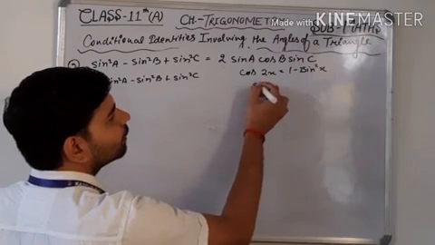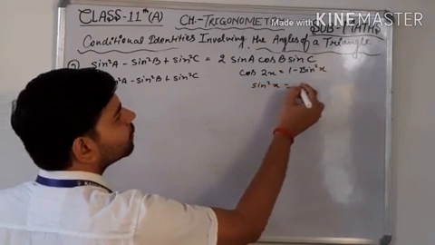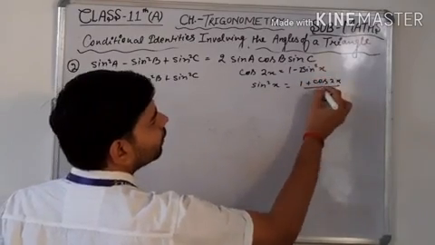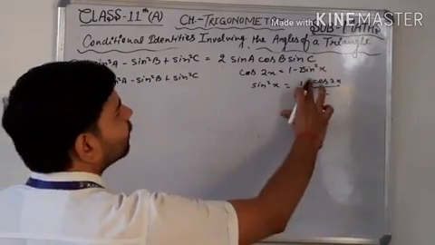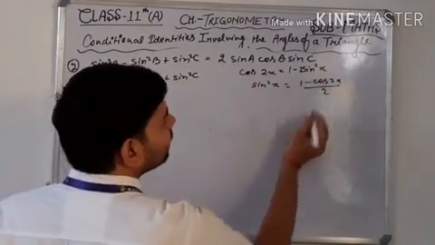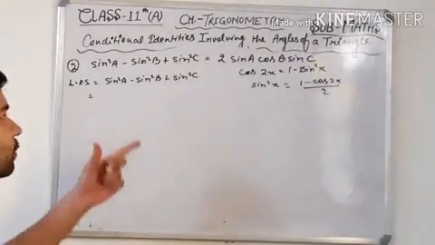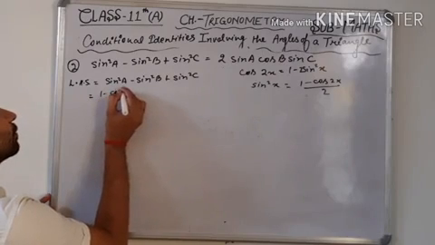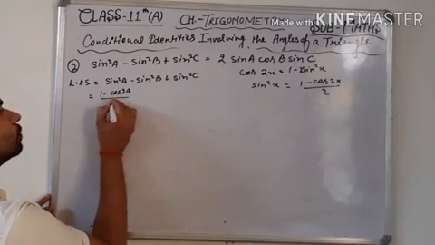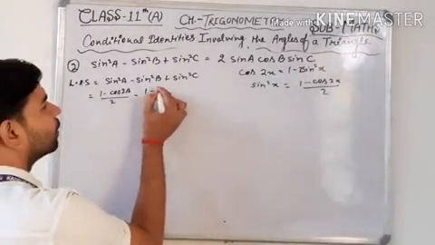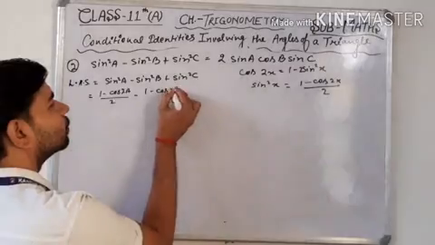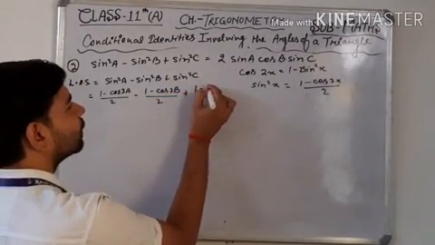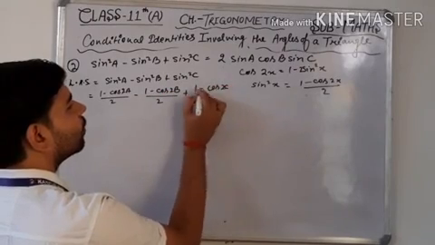From here, sin square x is equal to (1 minus cos 2x) upon 2. Use this formula, we get (1 minus cos 2a) upon 2 minus (1 minus cos 2b) upon 2 plus (1 minus cos 2c) upon 2.